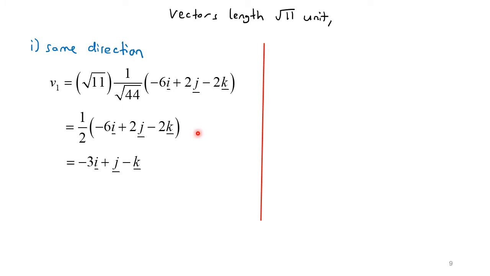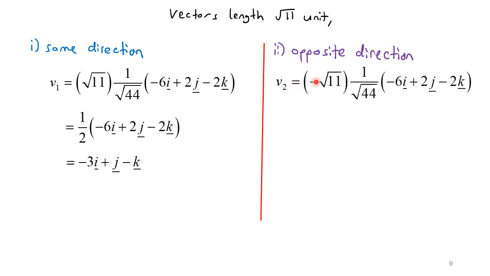And then what should be the second possibility? Apart from the same direction, the other one should be, yes, the opposite direction. So for the opposite direction, we put a negative sign in front of root 11, and the rest will be the same.